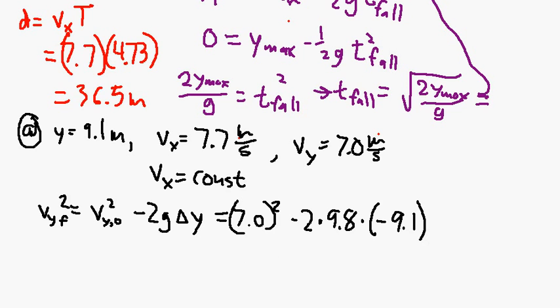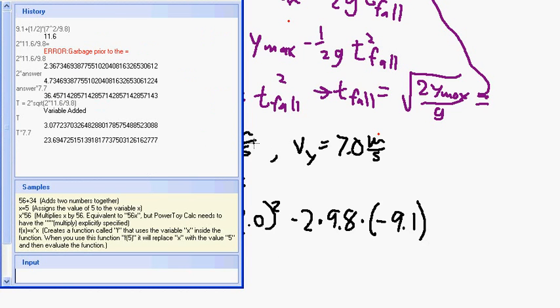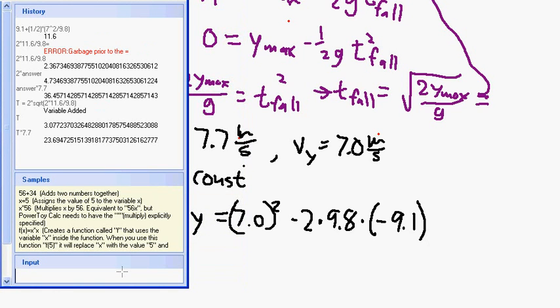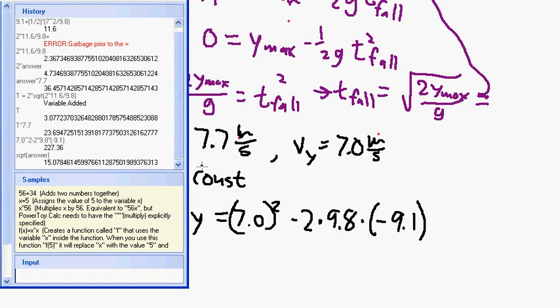So let's use our calculator here. 7.0 squared minus 2 times 9.8 times negative 9.1 is that, and then we do the square root of that to get us the Vy final, which is, so we need to pick a direction for this, right?